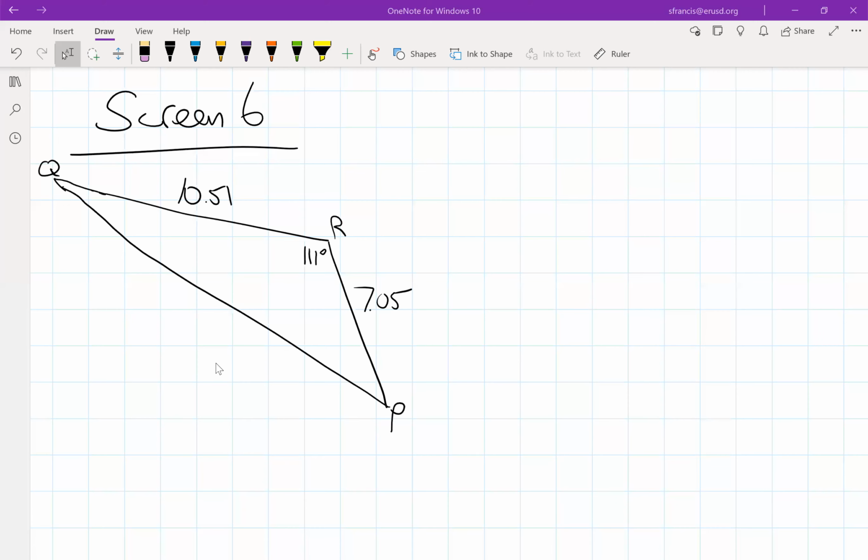Sophia, I disagree with your angle measures. If you notice, Sophia, your angle measures would add up to more than 180.